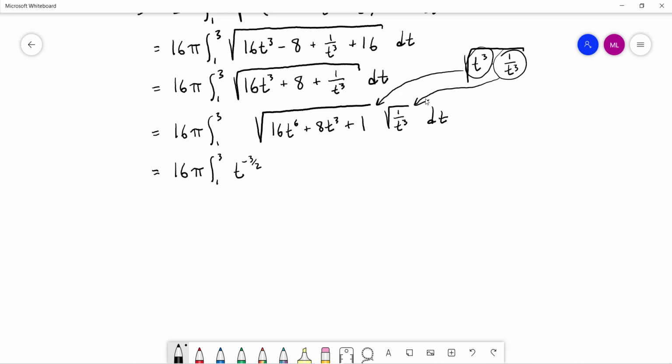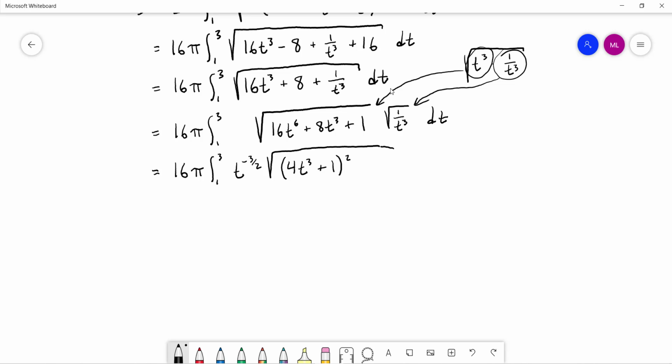Times this square root. But notice that the stuff inside this square root is now a perfect square. And that is going to be our goal. They're powers of, in this case, something involving a t cubed that is being squared. So I can write what's inside that square root as 4t cubed plus 1, squared.